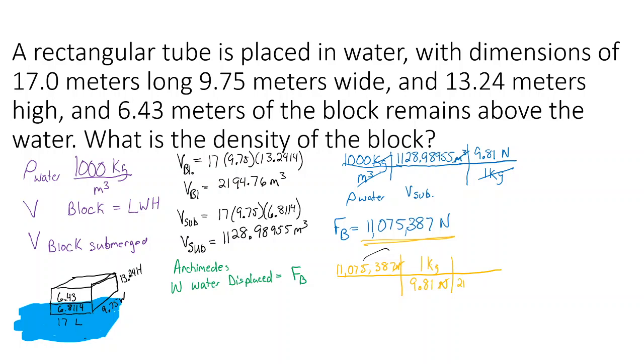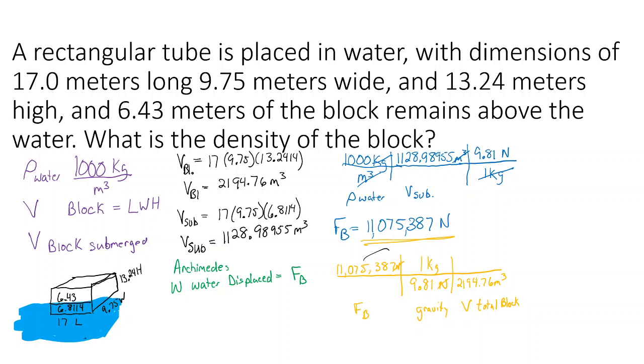So I'm going to put down the total block, 2,194.76 meters cubed. That's the volume of the total block, and this is gravity, and this is the buoyant force.